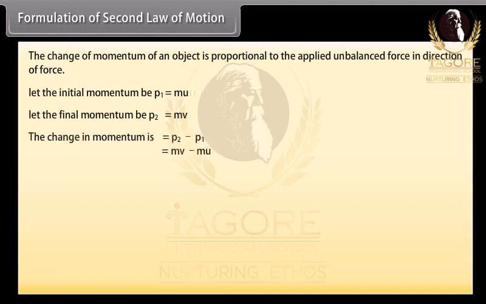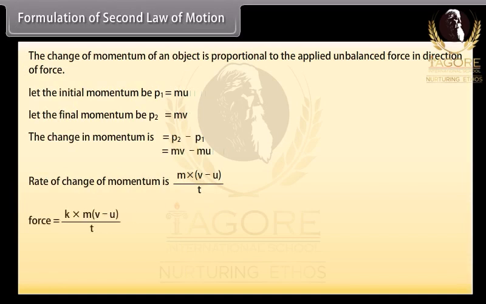The change in momentum is P2 minus P1, which equals mv minus mu. Rate of change of momentum is m into (v minus u) upon t. Force is equal to k into m into (v minus u) upon t. Force is equal to kma, where k is the proportionality constant.